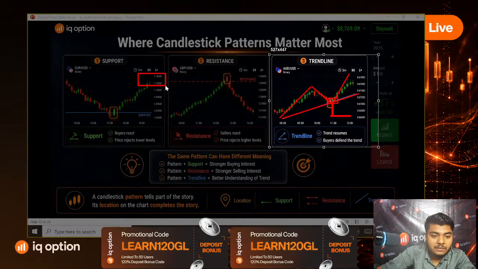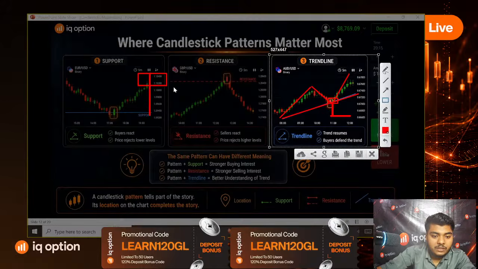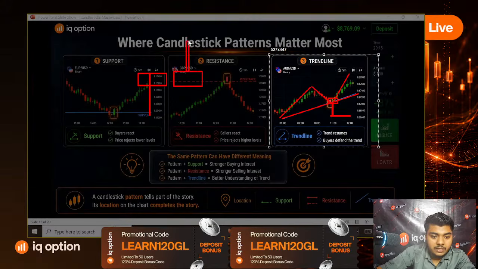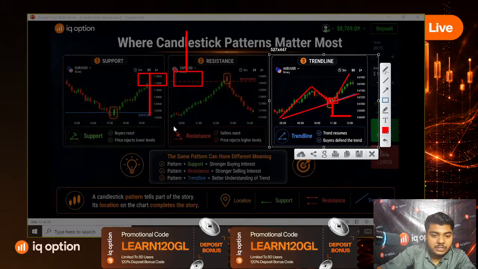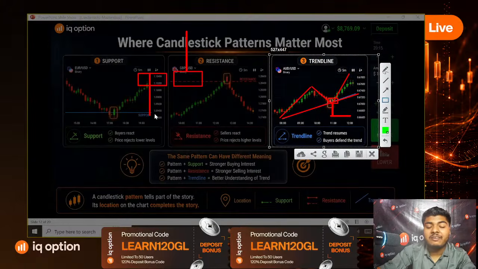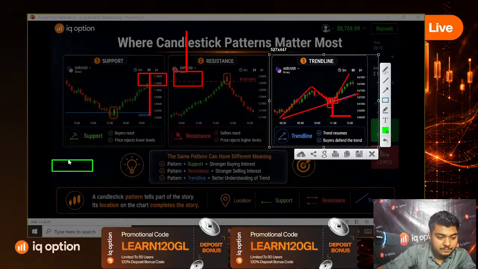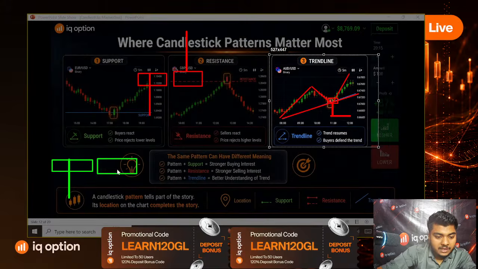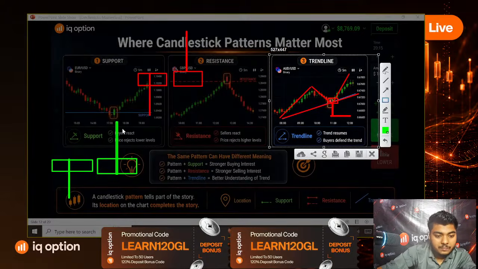Let me give you an example. This is a bearish hammer. I'm sorry, this is a bearish inverted hammer. Both talk differently in different types of market scenarios. This is a bullish hammer, and this is an inverted bullish hammer.